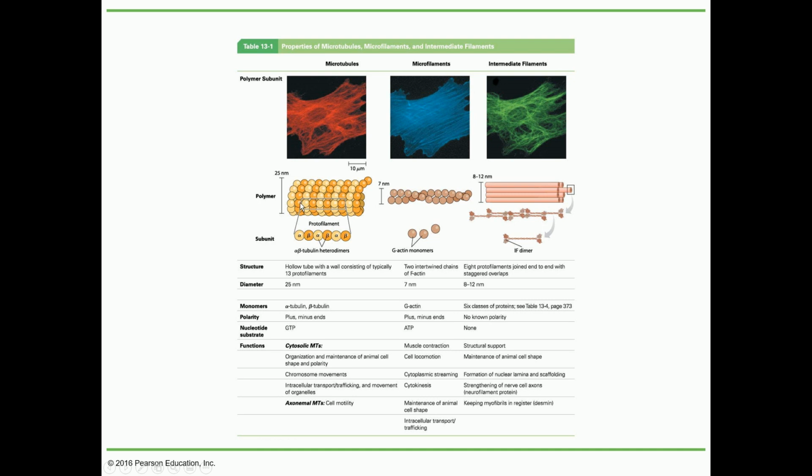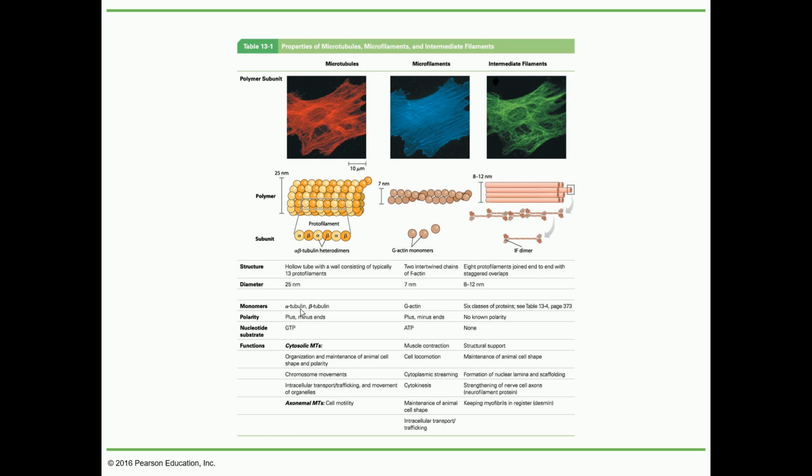This is one protofilament, and they are made of proteins like tubulin. There are two kinds of tubulin, alpha and beta tubulin, and they heterodimerize. The microtubules are made of these tubulins.